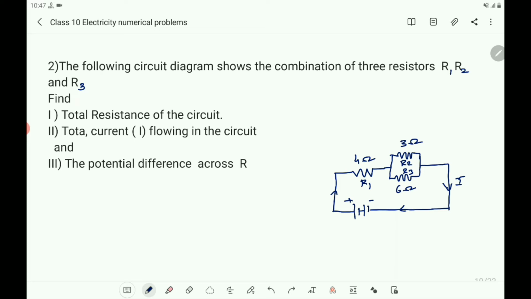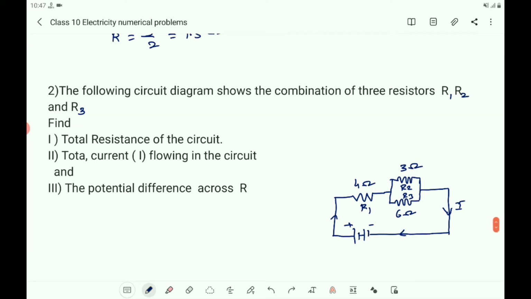They are connected in the circuit as shown in the figure. Here we have to find the total resistance of the circuit and also the current flowing through the circuit and the potential difference across R.